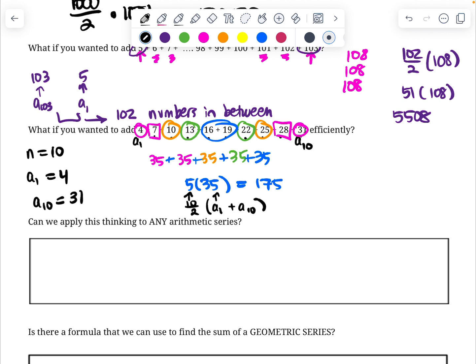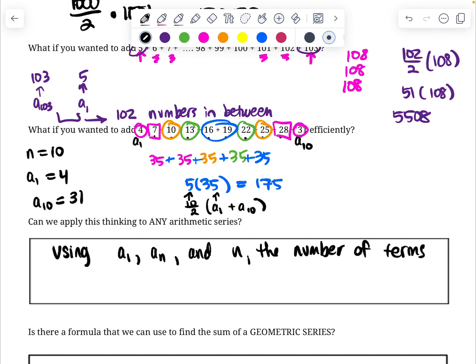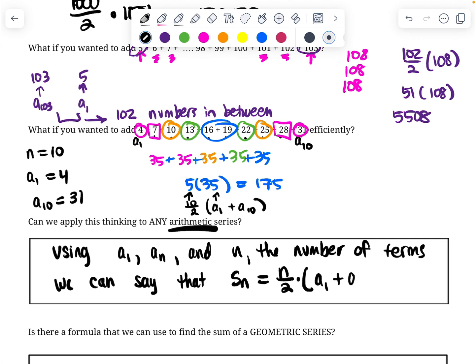As long as we find A1, AN, and N, the number of terms, we can say that the SN for an arithmetic series would be N divided by 2 times A1 plus AN.